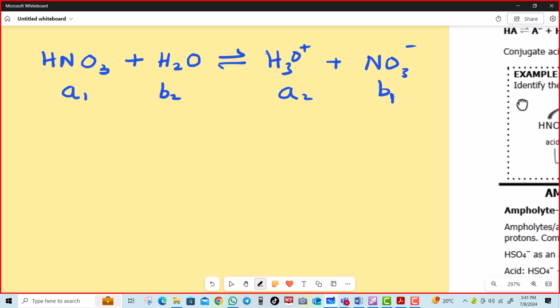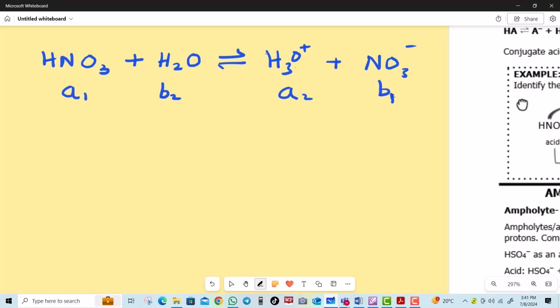Conjugate means potential, meaning it is a potential base. If I use this arrow facing backwards, you see that this nitrate is going to accept a proton from the hydronium to form nitric acid. So it is called a conjugate base because in the reverse reaction it accepts a proton to form nitric acid.